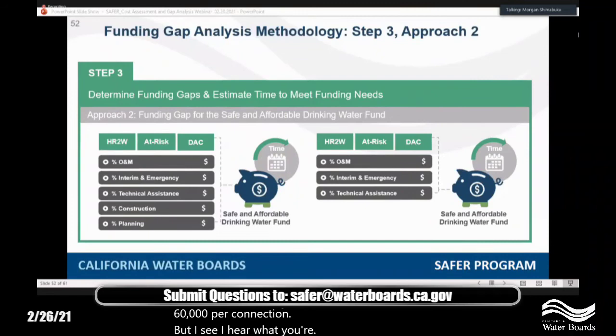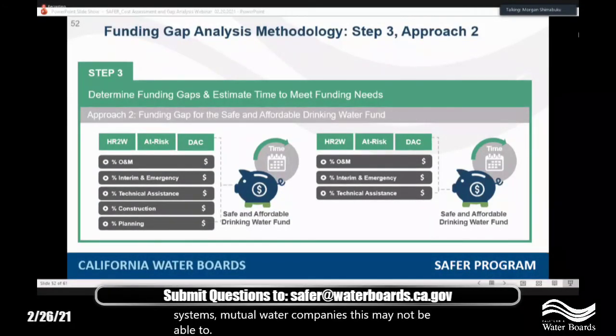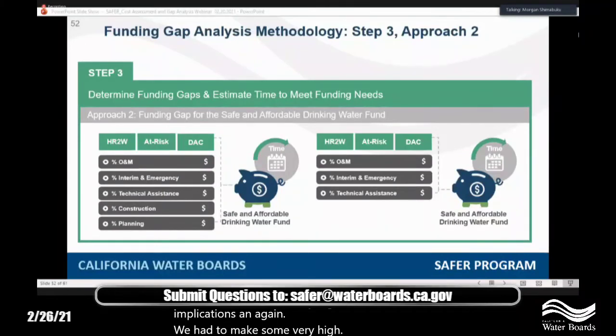Your concern is that for specific types of public water systems, mutual water companies, this may not be able to use any grants because of the tax implications. And again, we had to make some very high level broad assumptions for this analysis, and we're not able to get down into the details of exactly every system's situation.